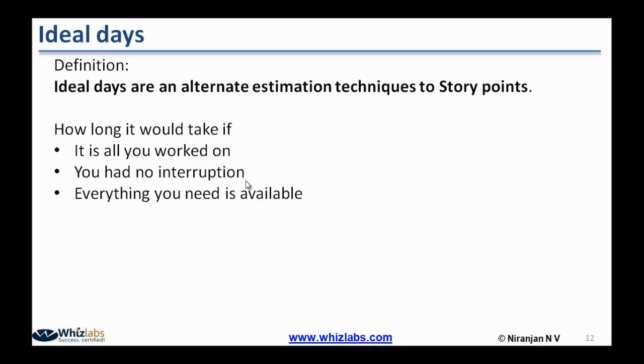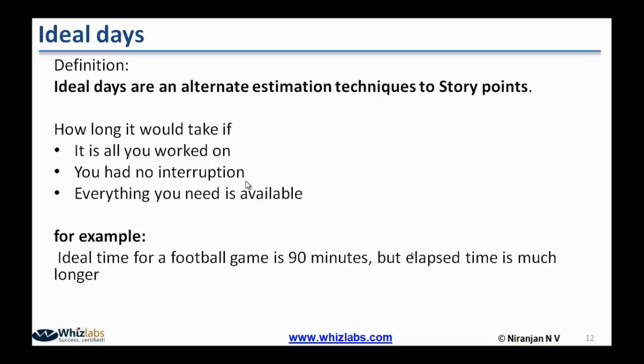When you are estimating in terms of ideal days, you have to be clear about the actual time the project is going to take, the elapsed time. For example, let us say there is a soccer game. The standard duration of a soccer game is 90 minutes. But normally the soccer game will not get over in 90 minutes when we really calculate the elapsed time.